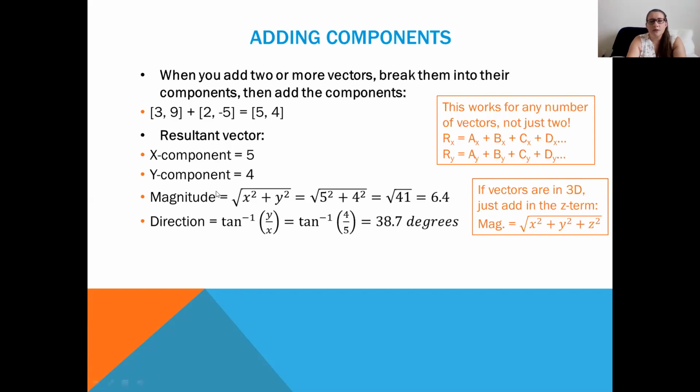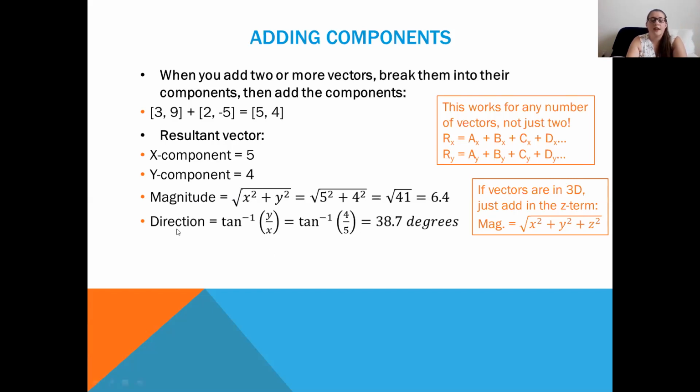So our magnitude squared is the hypotenuse of our triangle. Well, it's c squared in that equation. So the magnitude is the square root of our x component squared plus our y component squared. So 5 squared plus 4 squared, take the square root. And that gives you a magnitude of 6.4, whatever our units are.